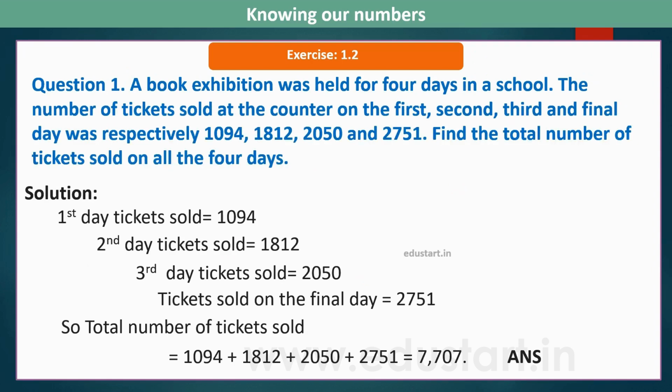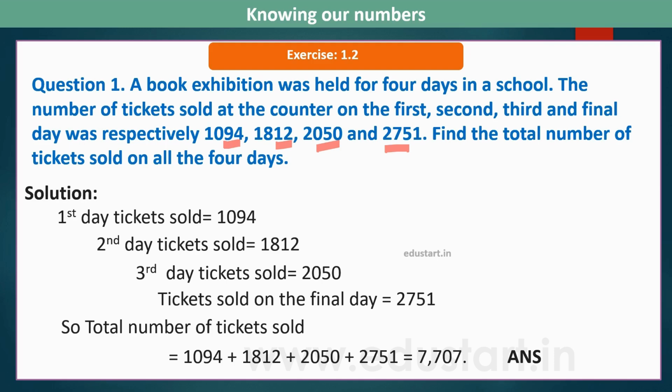Okay, let's go through the question. A book exhibition was held for 4 days in a school. The number of tickets sold at the counter on the first, second, third and the final day was respectively 1094, 1812, 2050 and 2751. Find the total number of tickets sold on all the 4 days. So let's go through the solution.